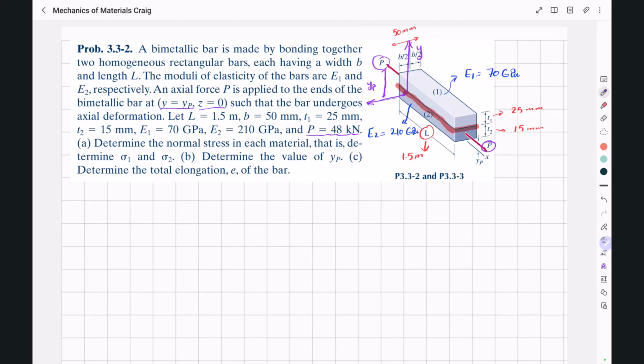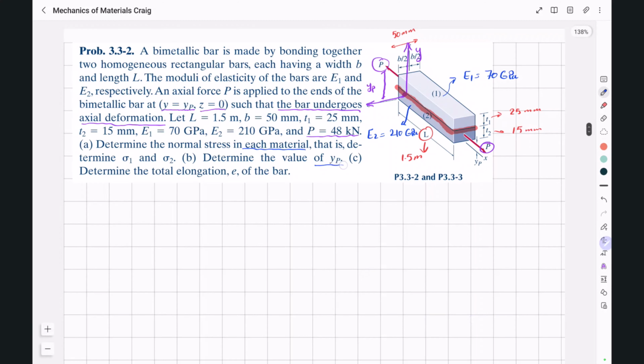And because of applying this load P, the bar undergoes axial deformation. Now in part A of the question, we have to determine the normal stress in each material, sigma 1 and sigma 2. And in part B, we have to determine the value of yp. And finally, in part C, we have to determine the total elongation of the bar.